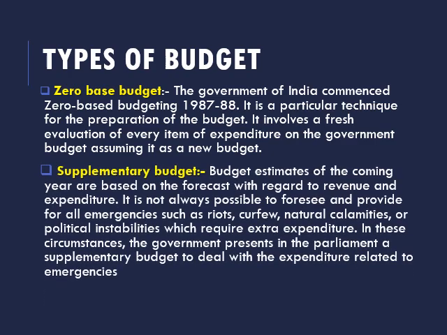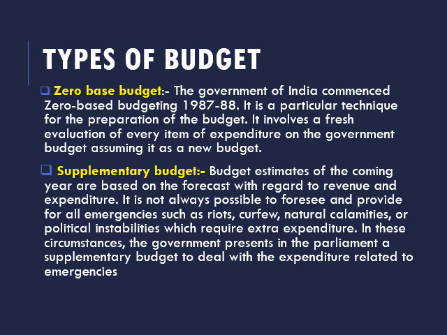Then supplementary budget. Supplementary budget is prepared during particular situations when there is a natural calamity, war situation, or something like curfew, something that happens all of a sudden. During emergency, you can consider emergency time. During that particular period of time, the government prepares the supplementary budget for it.